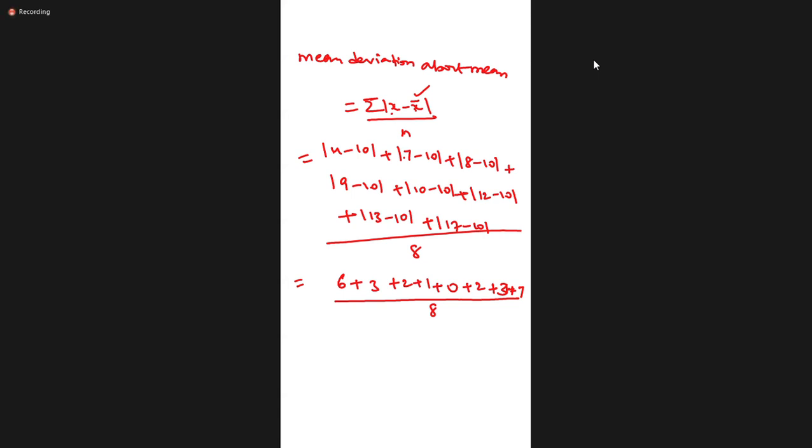Previously we found the mean first: sum of the observations by number of observations, that is the mean. But your question is mean deviation. Deviation means originally observations should be in some place, but they are deviated to some extent. That is mean deviation. So what we have to find out? x minus x bar.